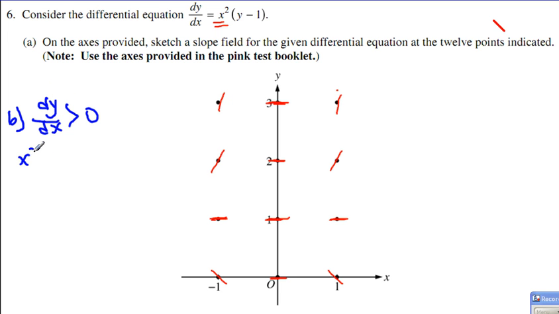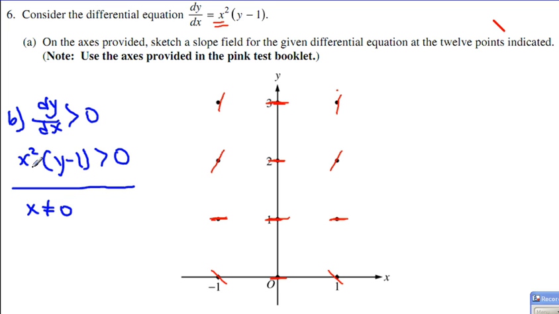That means x squared times y minus 1 has to be positive. That's only possible because x squared will always be positive except when x equals 0. So therefore, one condition is x cannot be equal to 0.